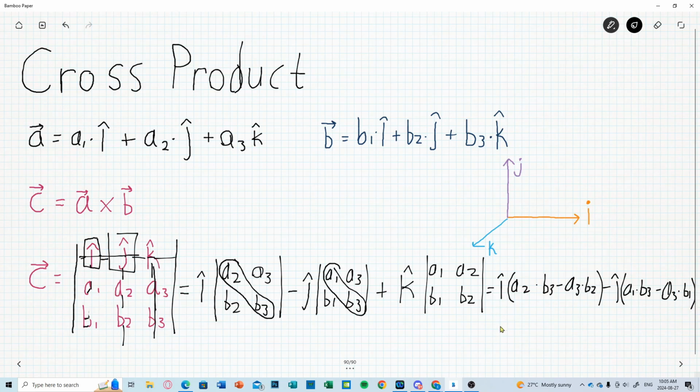And our last one I'll put right here, plus k being multiplied by a1 multiplied by b2 minus a2 multiplied by b1.